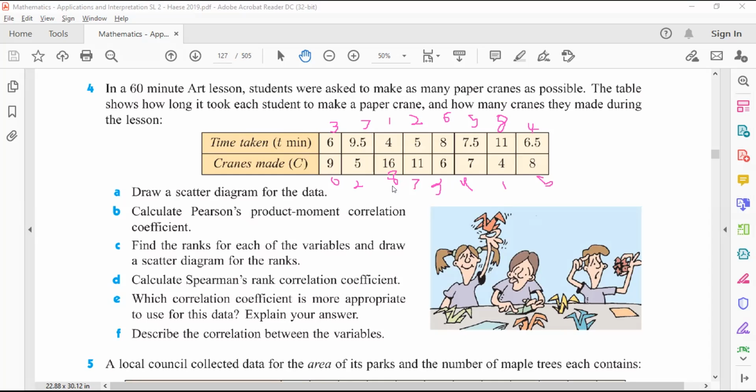Because the Spearman correlation value is -1, the scatter graph of ranks will be a straight line. And there is very strong negative non-linear correlation between time taken and number of cranes made.